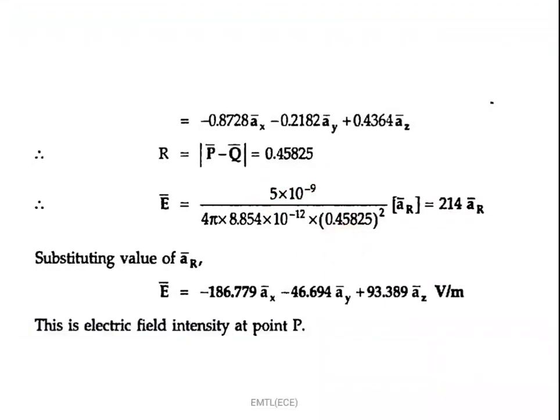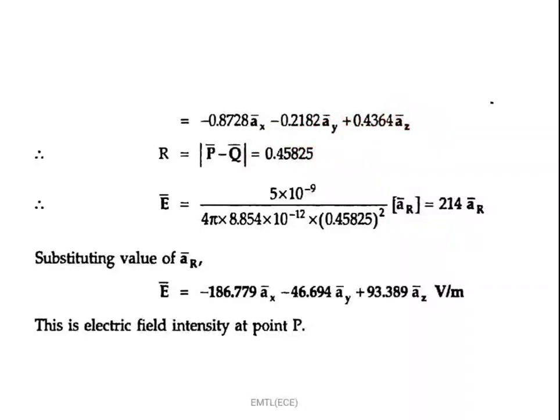The denominator is 4 pi into epsilon, value 8.854 into 10 power minus 12, and here the mod of R square value is 0.45825 whole square, and the AR bar vector.